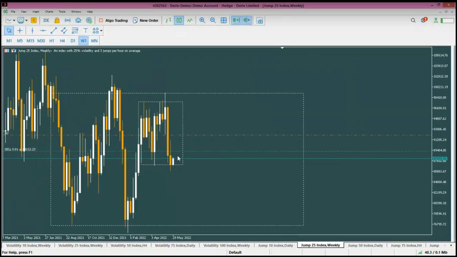But I'm just going to close mine very soon, while it is still profiting, because the sellers are losing their power. Looking at last week's candlestick, you can see that the strength there was not that much, meaning anyone can take control now. So it is only wise for me to close my trade on jump 25.